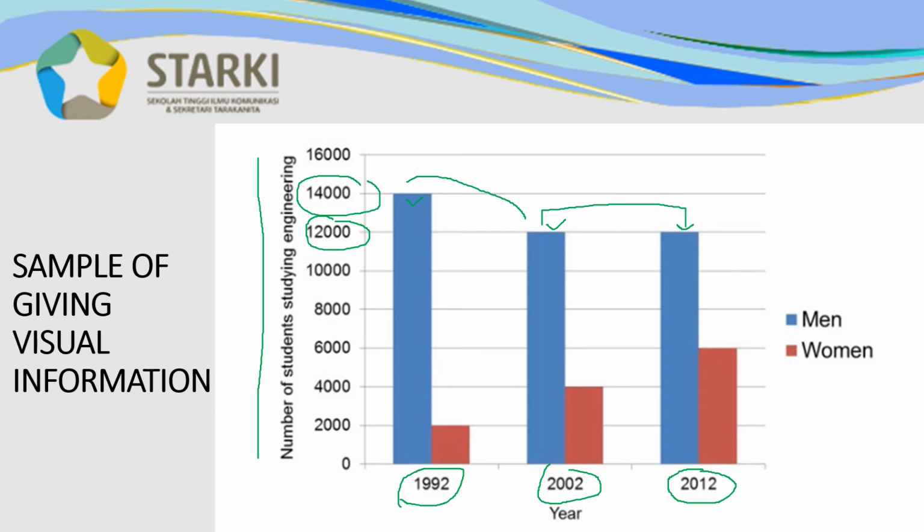On the other side, the number of female students is relatively low, starting at 2,000 in 1992. This bar chart tells us that while the number of men studying engineering decreased, surprisingly, the number of women increased. Female students grew steadily by 2,000 each decade.